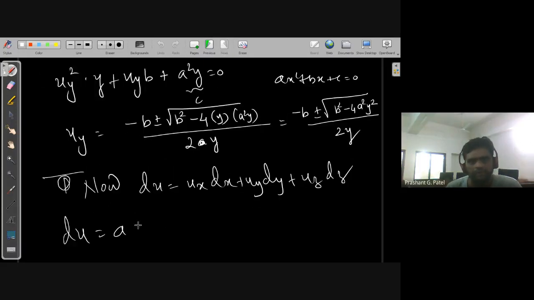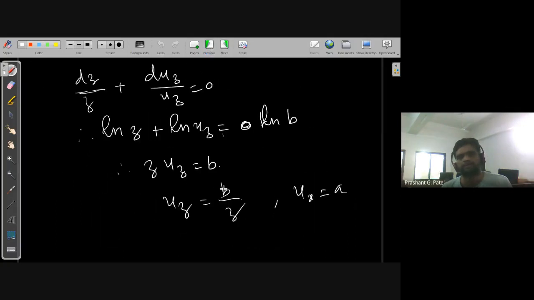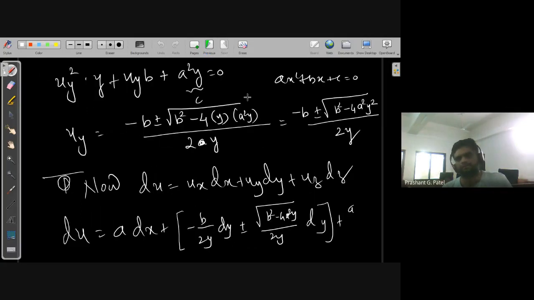So it is a dx plus this, that is I can say minus b by 2y dy plus or minus square root of b square minus 4 a square y square upon 2y dy plus uz, uz is b by z, that is b by z dz.